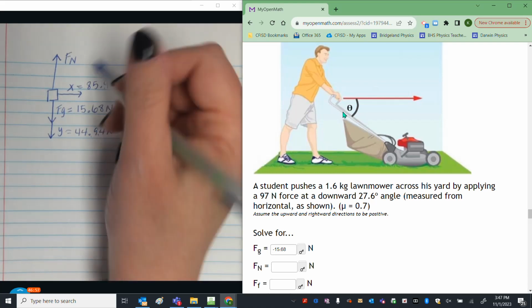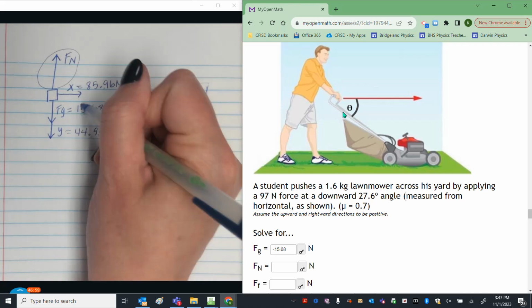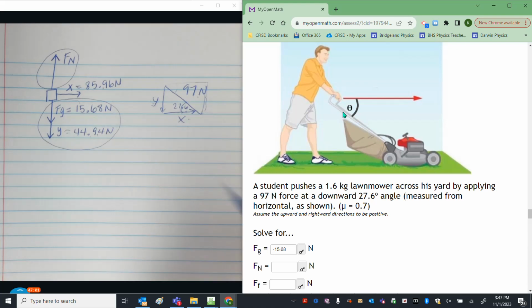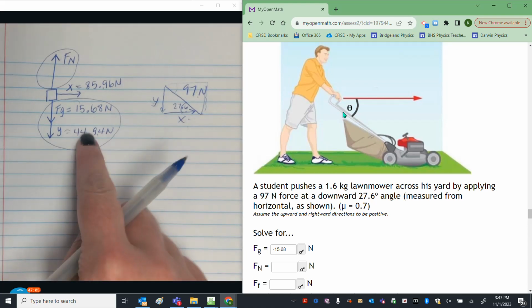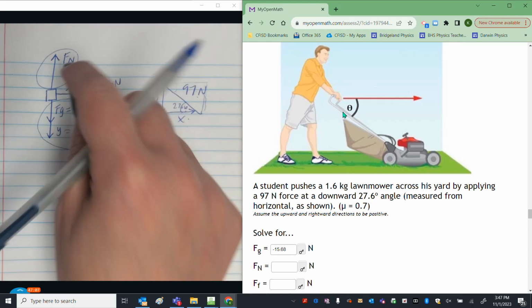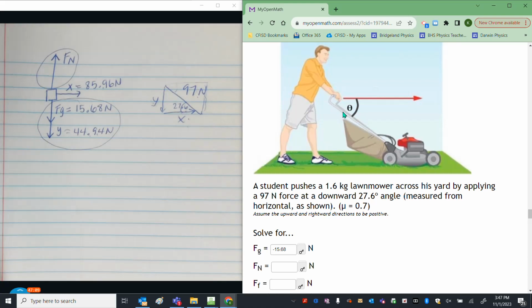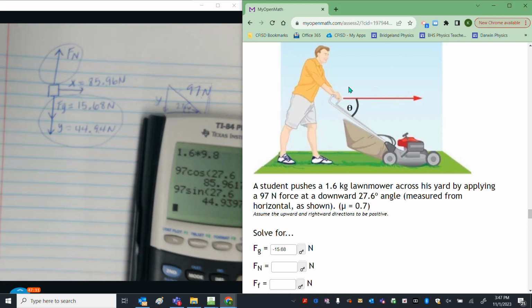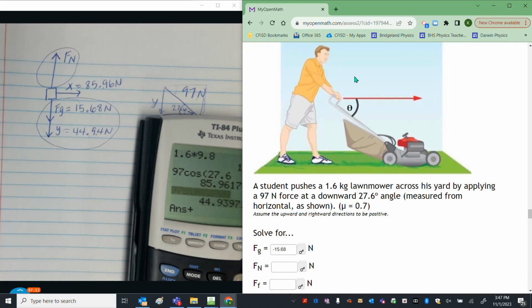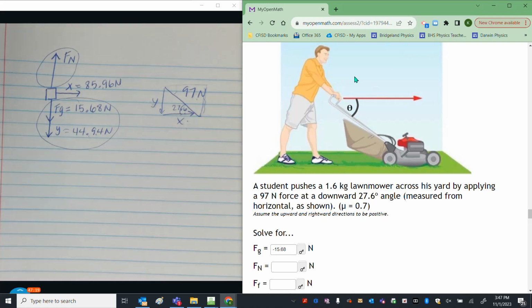This force here needs to be equal and opposite to both of these together in order to balance it out. So I just need to add these together, and that's going to be equal in magnitude to this. These, of course, are both negative technically, but when we do this, we're just getting the magnitude. All right, and we get 60.62 if we round it, and that is Fn.